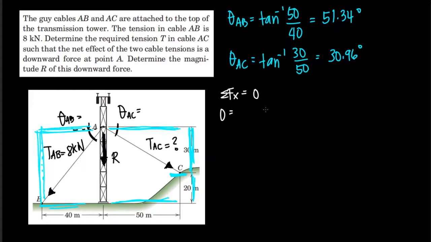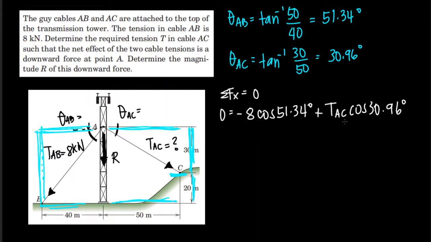TAB is pointing to the left side of our x, so it is negative TAB cosine 51.34 degrees. Now, TAC is pointing to the right, so that's positive, TAC cosine 30.96 degrees. And then, simplify this.